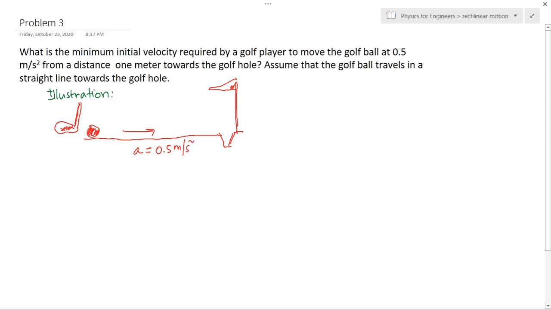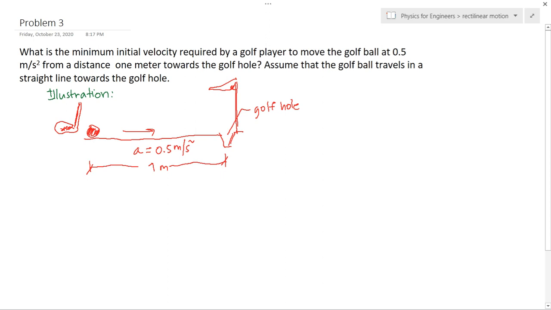And then the distance, it says from a distance 1 meter towards the golf hole. So this is the golf hole. And its distance from the object is 1 meter. So meaning it has 1 meter to complete the golf track.